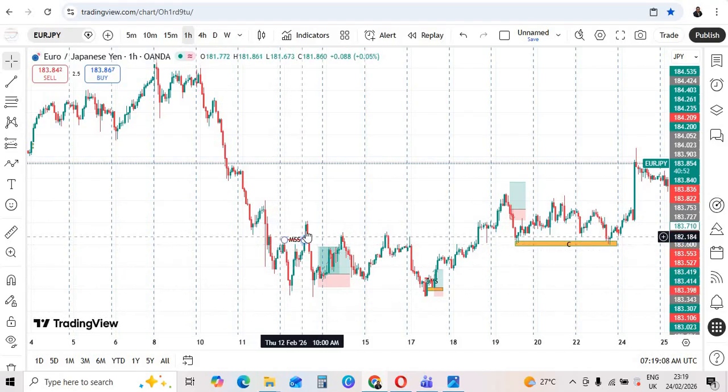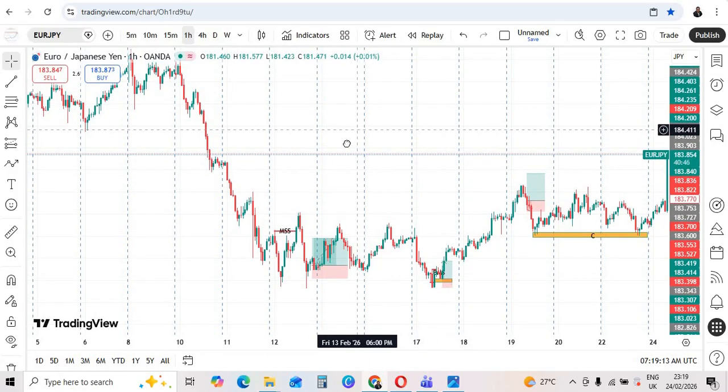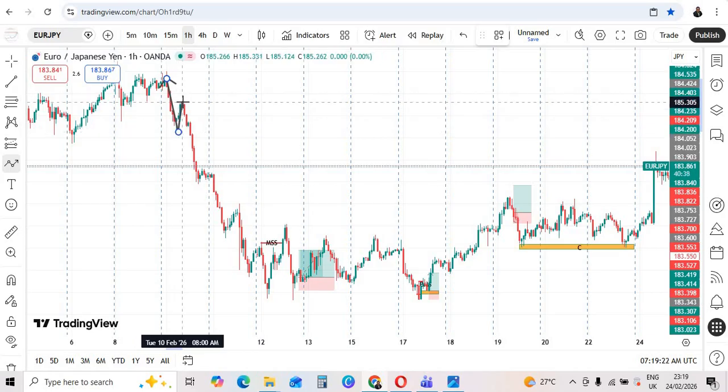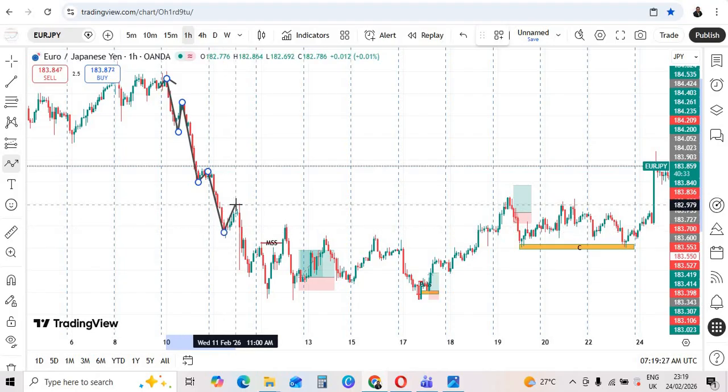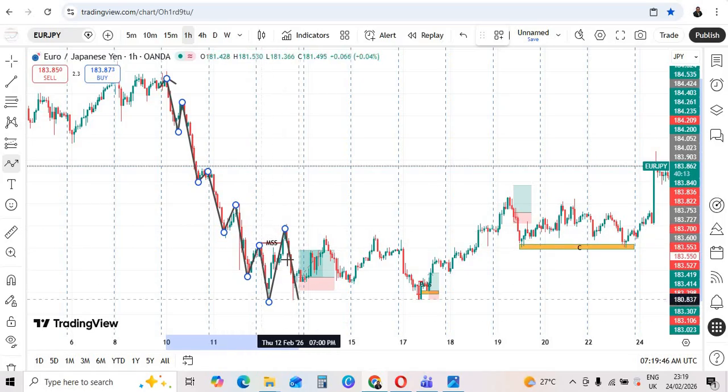But if you look closely, you will discover that we had this last impulse, but you see that this correction has taken out this last high. So immediately I discovered that this last high has been taken out.